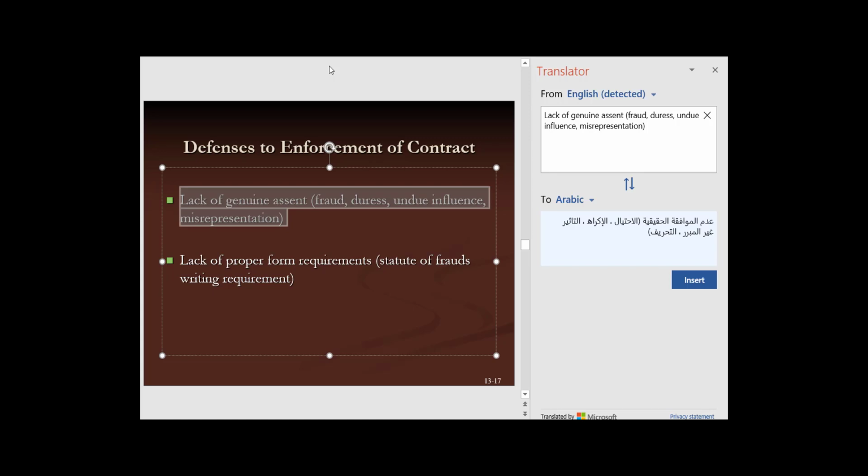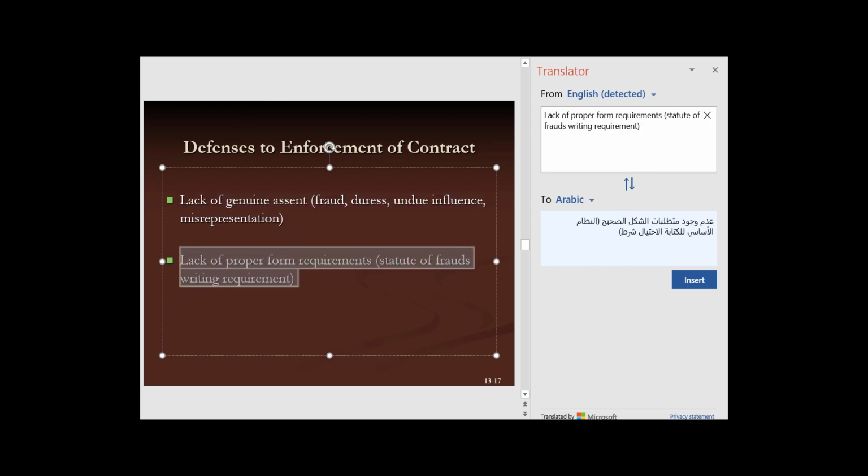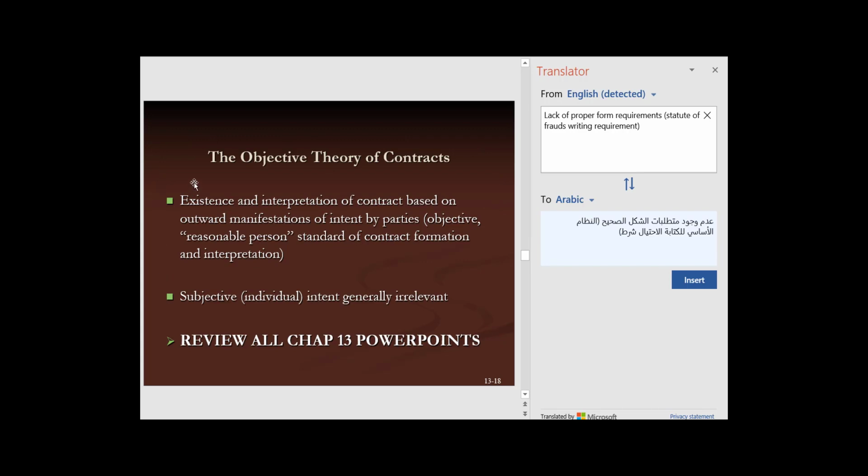The essay question on contracts will require you to go through all these steps to show agreement, mutual consideration, legal purpose, legal capacity. The offer has to be good, it's accepted, and it's communicated. Make sure the other side receives the offer, and the other side's acceptance has to be communicated.